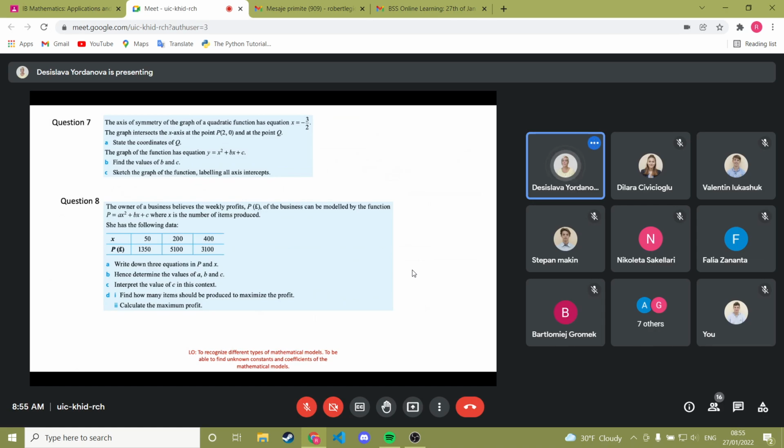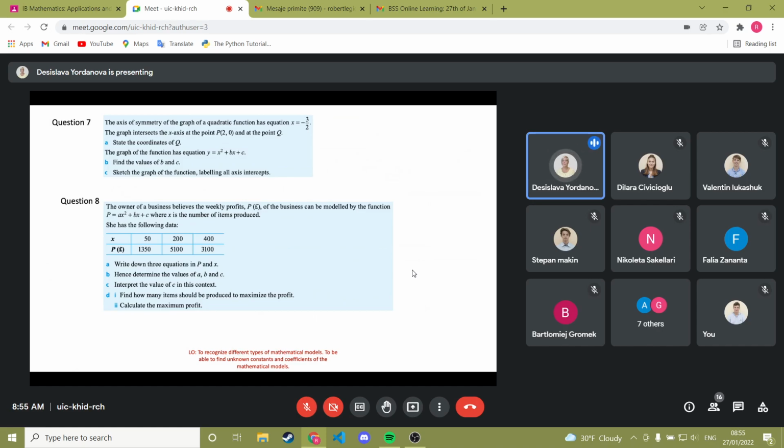How do we start? The owner of a business believes the weekly profit of the business can be modeled by this quadratic function, where x is the number of items produced, and you have the following data.